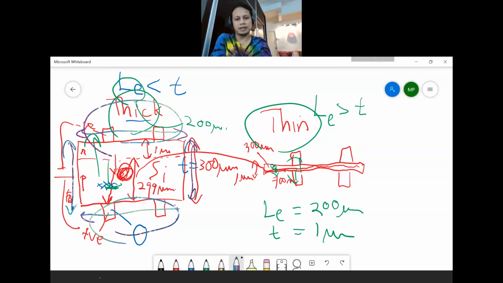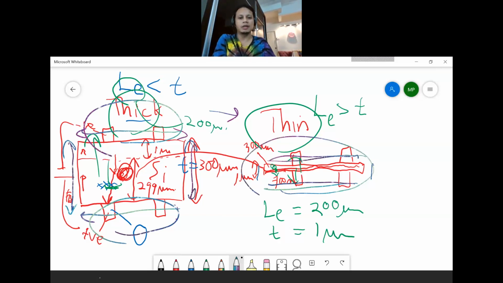Then you compare with the thin diode: this plus this plus this plus this as your total, and then you take this plus this over the total, over the whole thing. Which one is higher? Which one has the higher fraction of surface area? The width of the device is the same.